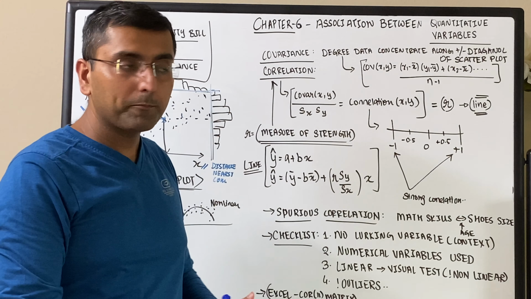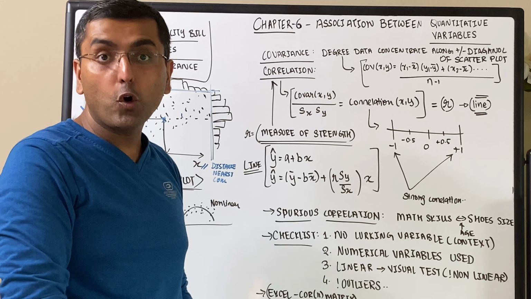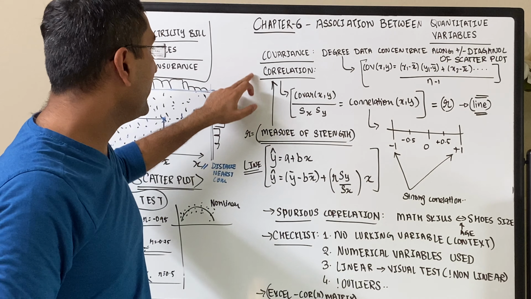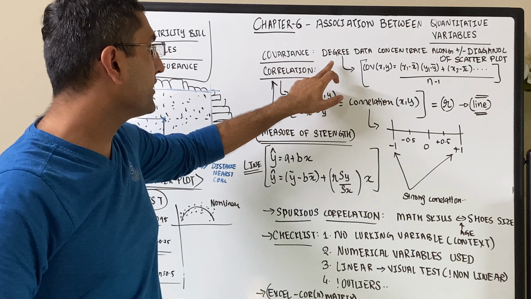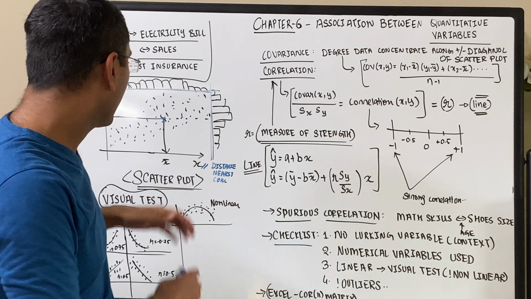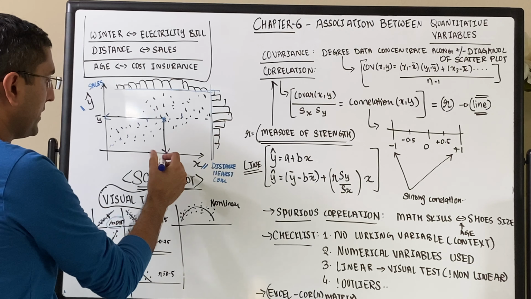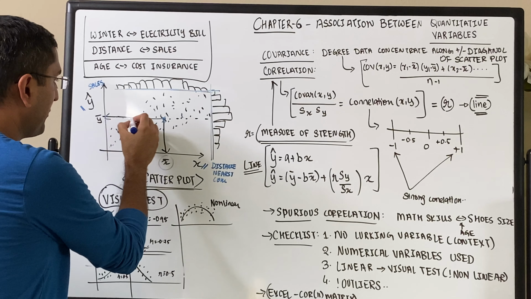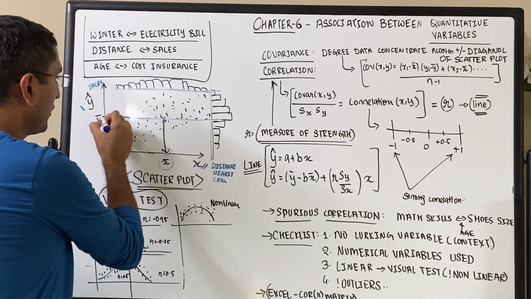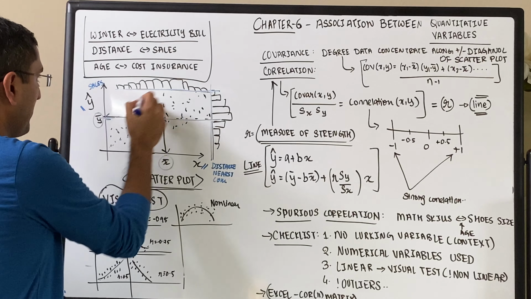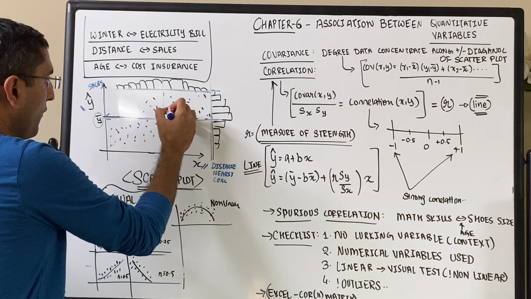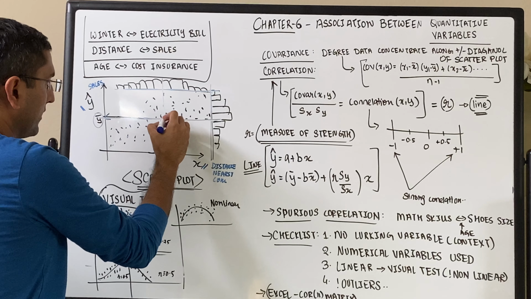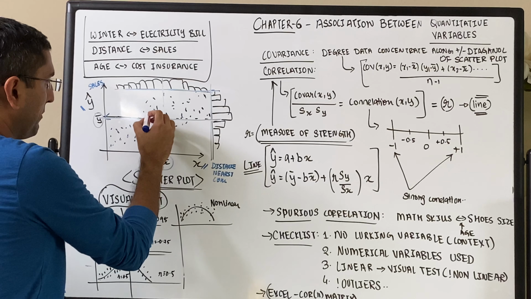Like we did with categorical variables, here we have covariance and correlation. Covariance is basically how far my data points are from the mean, right? If I were to draw a hypothetical diagonal through the y bar and the x bar, how far are these data points from the mean? Like this is my point.